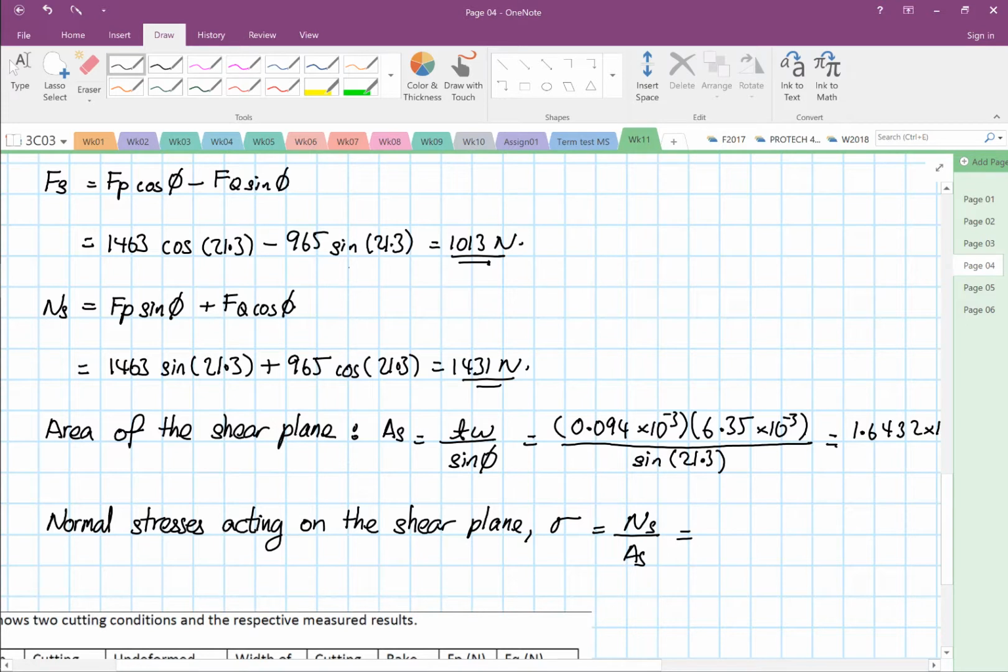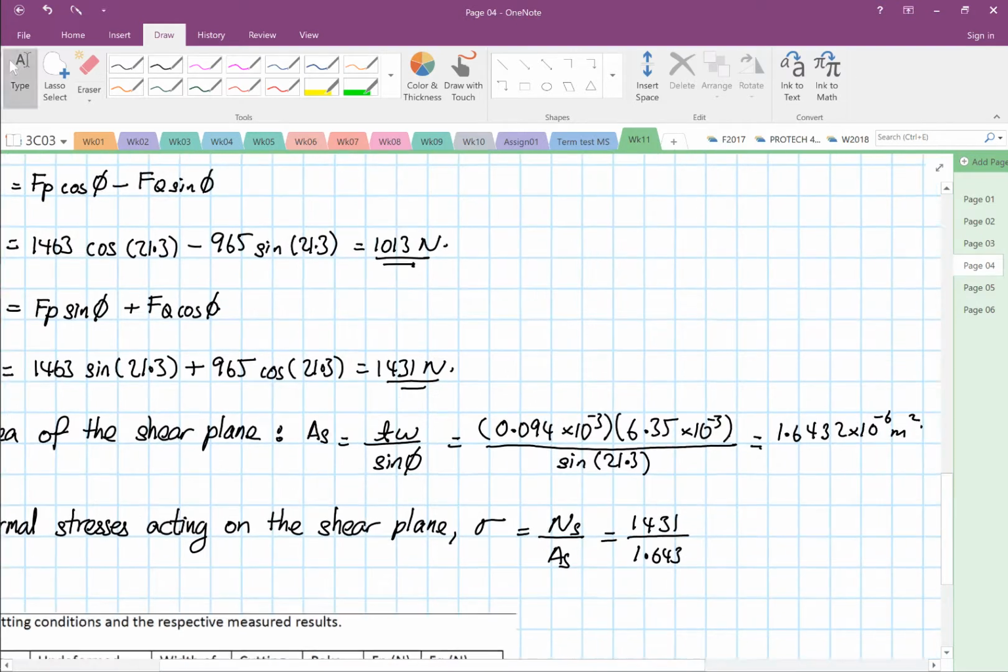So Ns is equal to 1431 divided by 1.6432 times 10 to the power minus 6. So this will be equal to 870.862 times 10 to the power 6 Pascal.